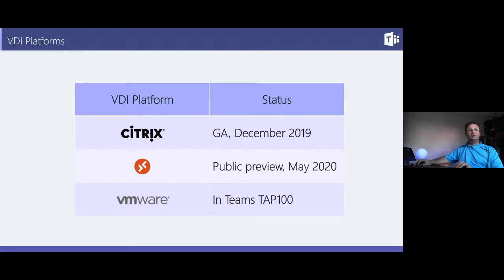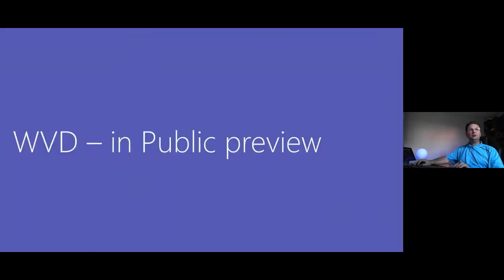Now let's talk about specific platforms. Let's start with Windows Virtual Desktop, or WVD. As I mentioned, Teams optimization for WVD is in public preview, and we plan to release it to GA soon. That means that you can download it today, right now, deploy the required software bits, configure it, and experience Teams optimization on WVD today.